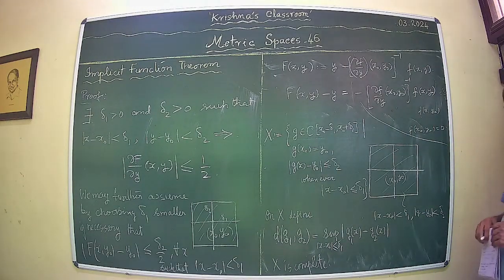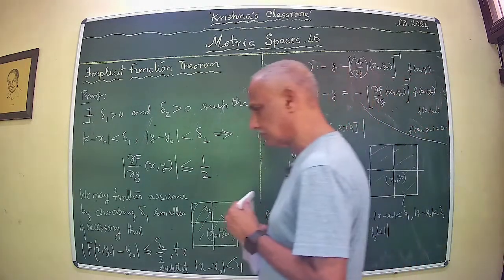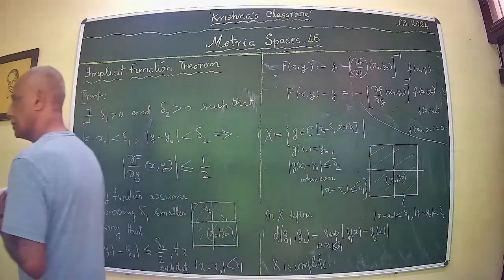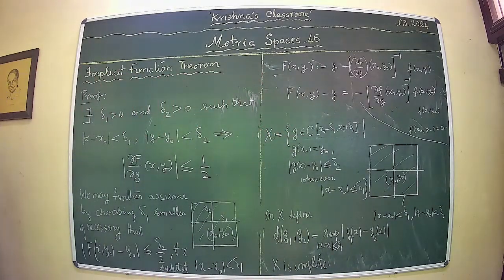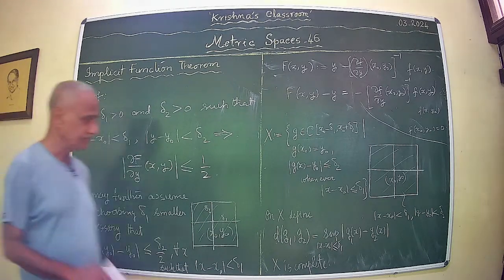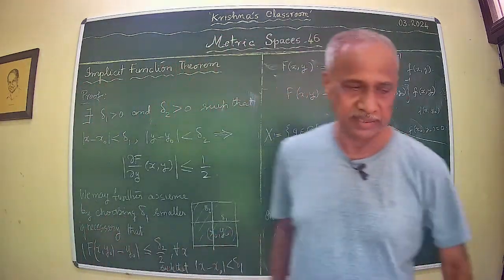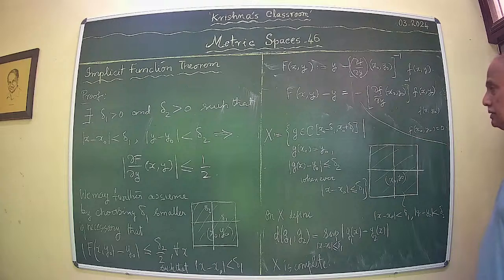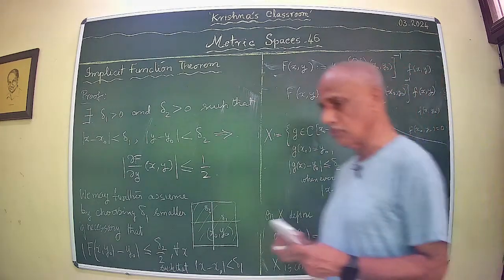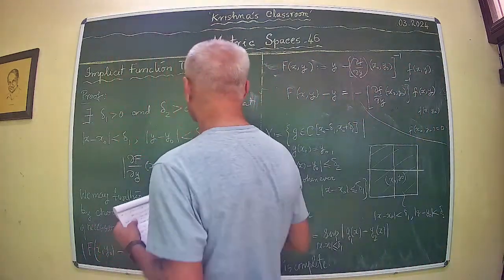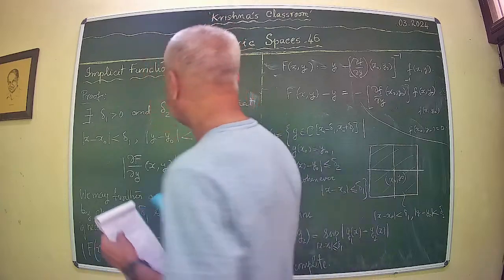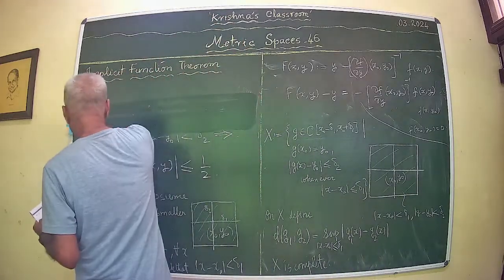So you recall our fixed point theorem. If X is a complete metric space and T is a map from X to X, which is a contraction, then there exists a unique fixed point. Okay, so this is the function space on which we are working. So we are now setting up the map, the transformation.